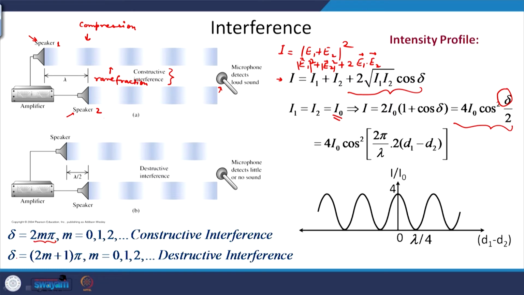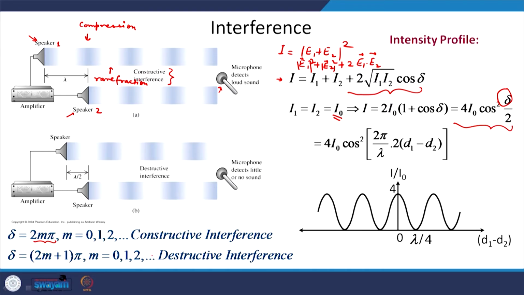If you have delta equal to 2 m plus 1 pi, then it is destructive interference. So, if you have waves which have a phase difference of 0 or 2 pi or 4 pi, then you have constructive interference. If the waves have a phase difference of pi or 3 pi, 5 pi, so odd multiples of pi, you will have destructive interference.